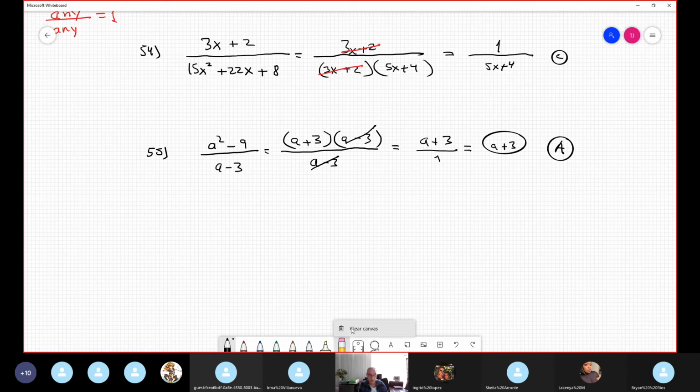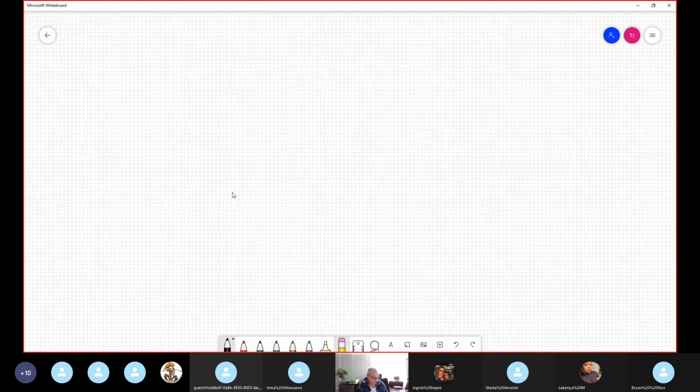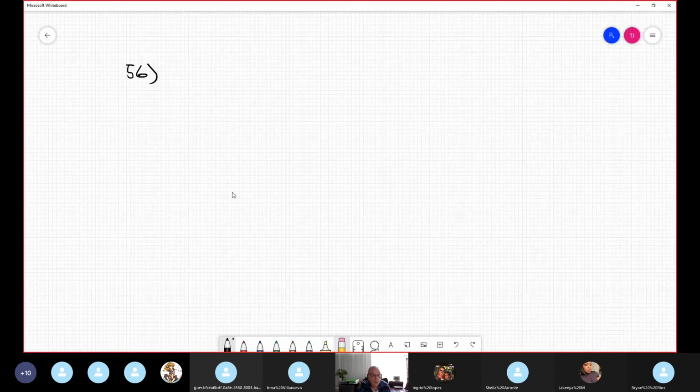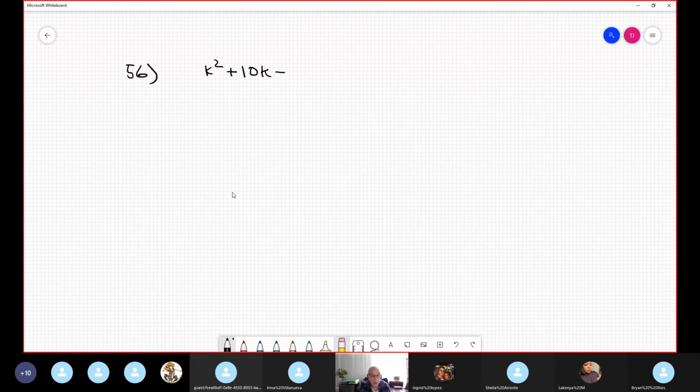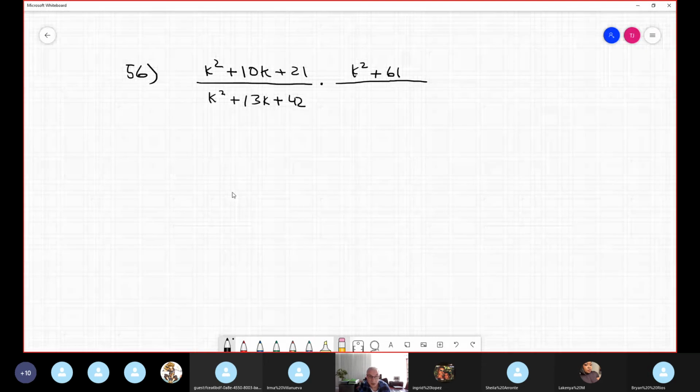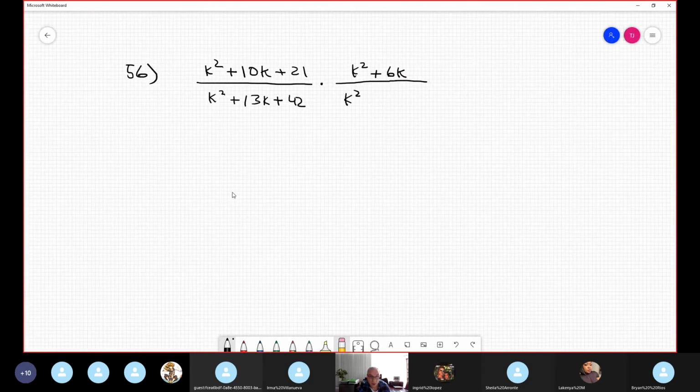56 is nice. It's long. It looks complicated, but it's not complicated. We have now several expressions: k squared plus 10k plus 21, divided by k squared plus 13k plus 42, times, with the multiplication, k squared plus 6k and k squared minus 4k minus 21.